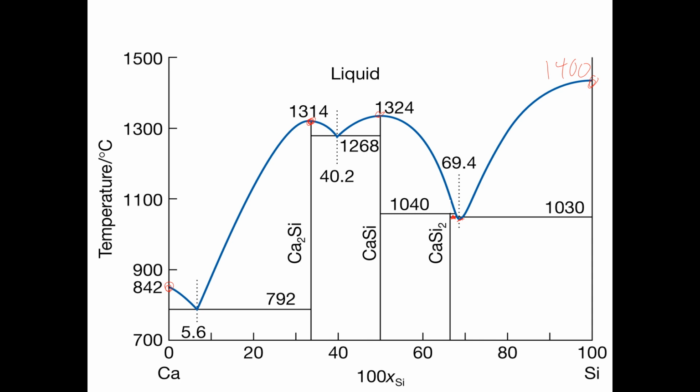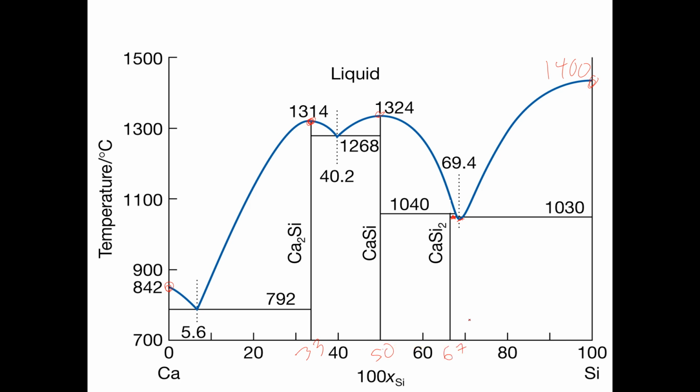So, yeah. But this is probably the most interesting one that we have, because if we call silicon A, then we have A2B, AB, and AB2. And so this is 33%, this is 50, and 67.